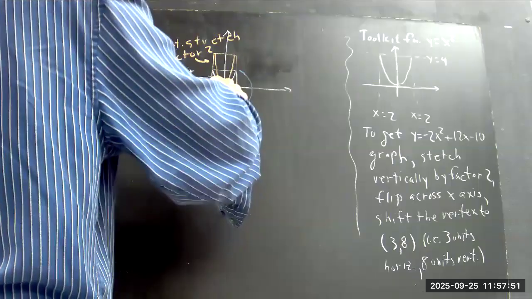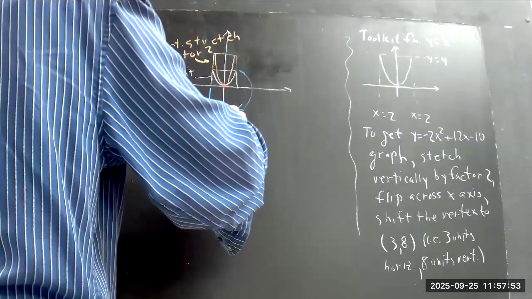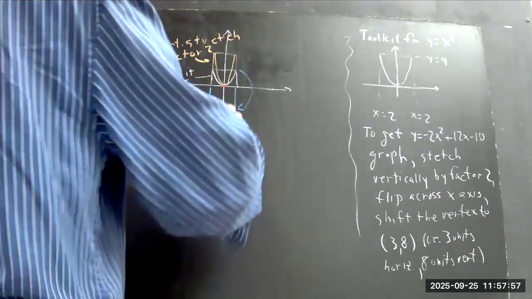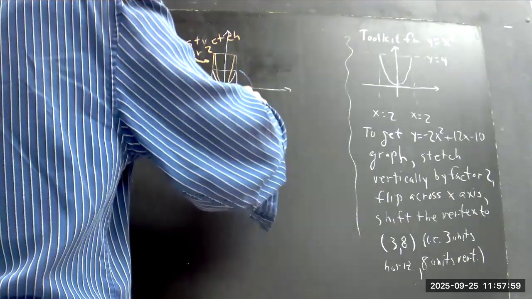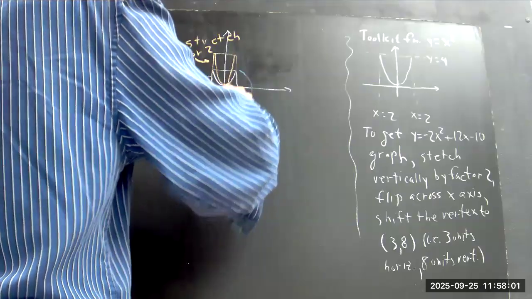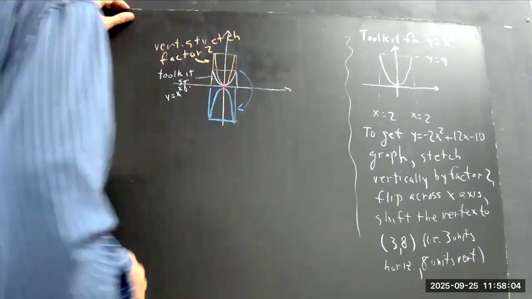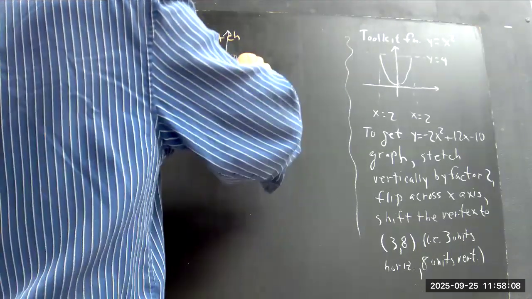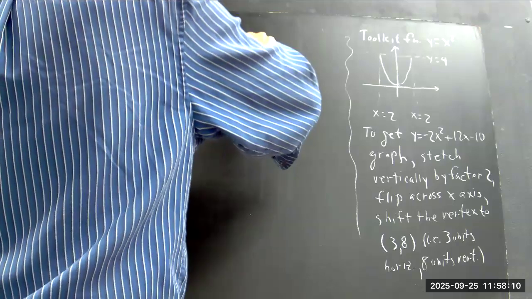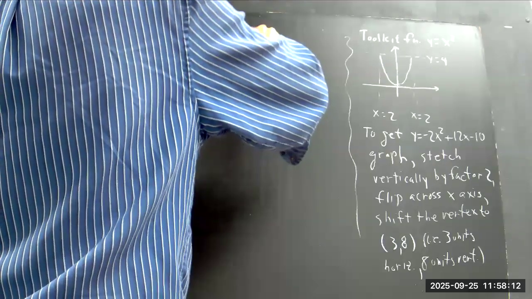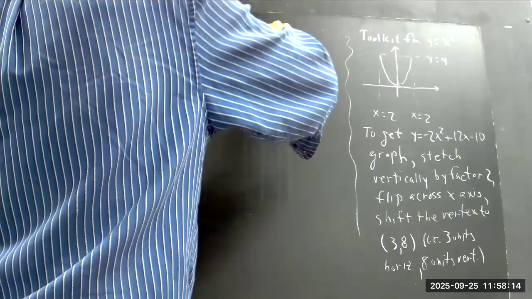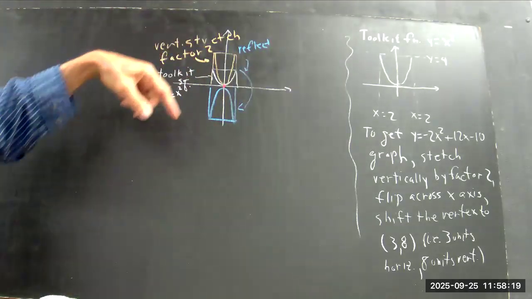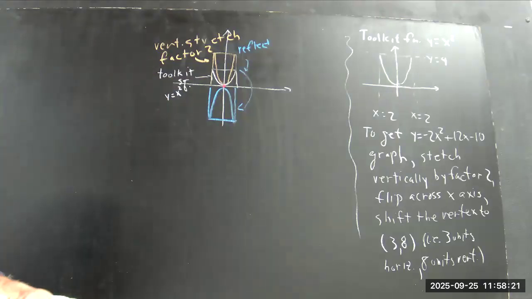So I'm just going to draw a little arrow there and draw my doubled rectangle here. And now the graph looks like this. And I've just put the word reflect up here because I don't want to put too much else there.